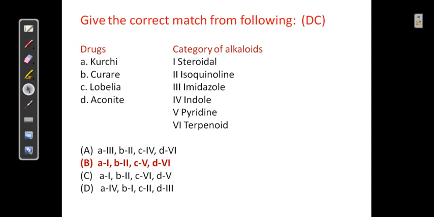D-tubocurarine is an example of curare alkaloid. Lobelia plant, example of lobelia plant, lobeline. Lobeline has a pyridine ring system. Aconite, example is aconitine. Aconitine has a terpenoid alkaloid or terpenoid ring system.